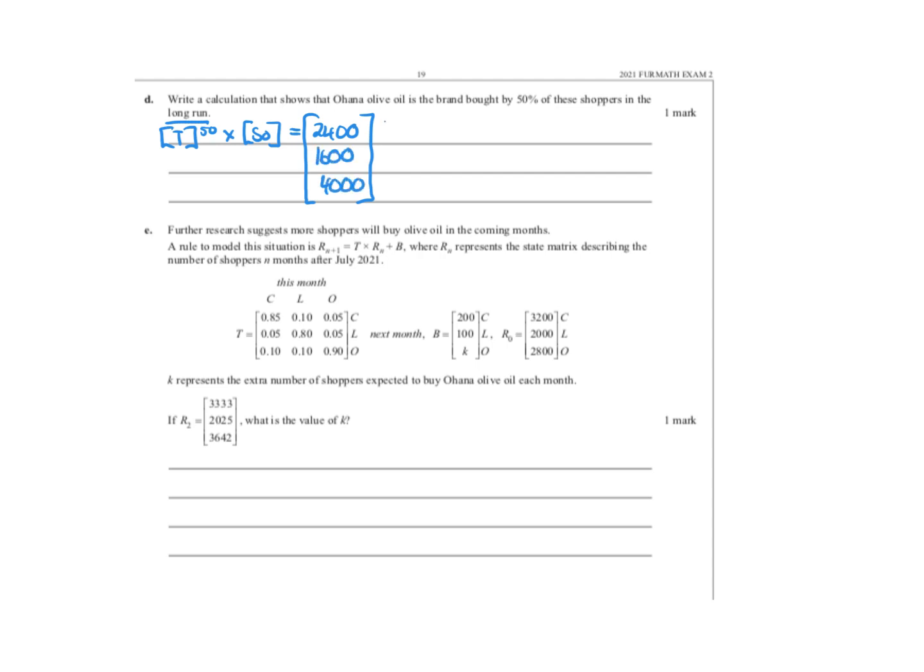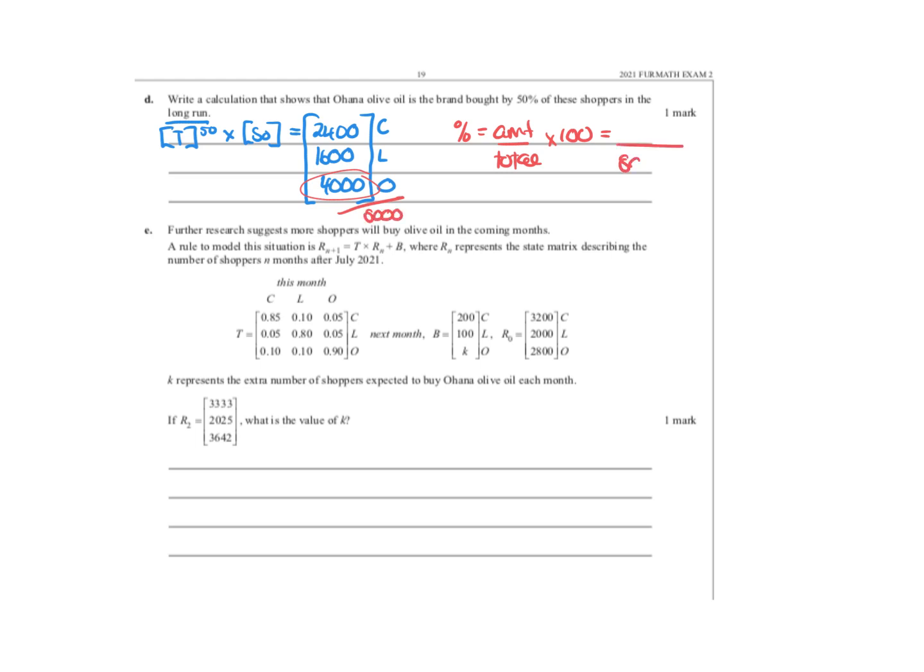Now they're talking about the brands, and they're talking about this O. They're saying write a calculation that shows that the O brand is bought by 50% of the shoppers in the long run. So remember, a percentage is the amount out of the total times 100. So out of all the shoppers, if you add up all the shoppers, there's 8,000.